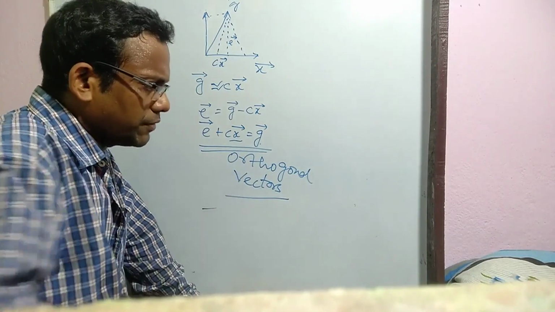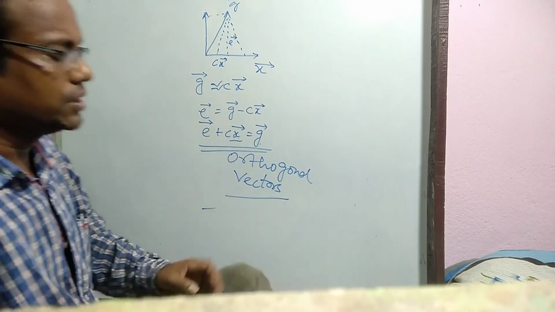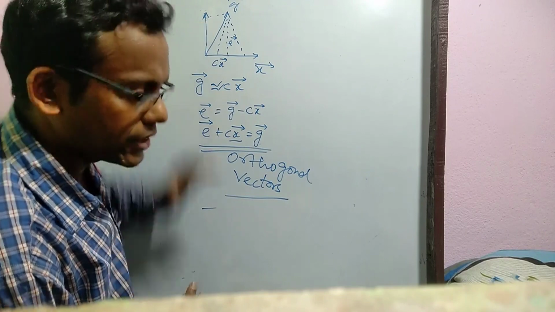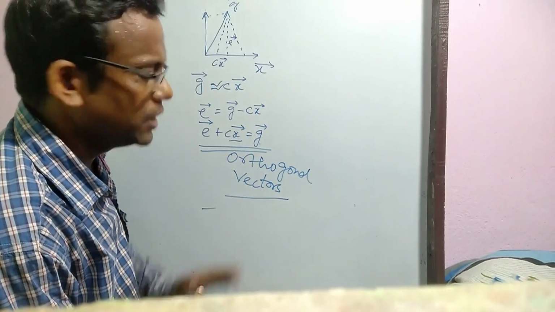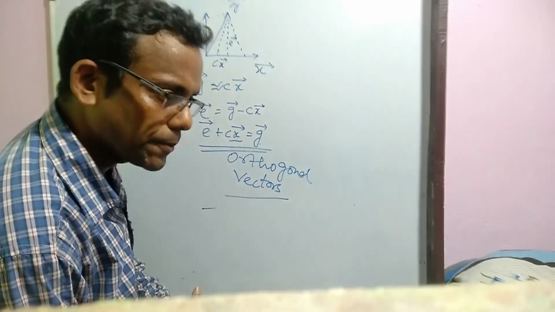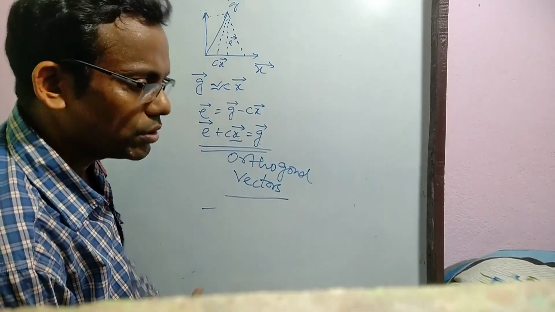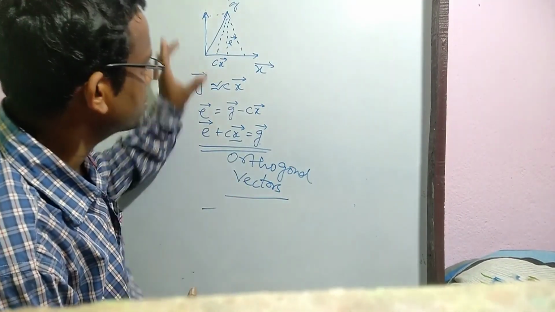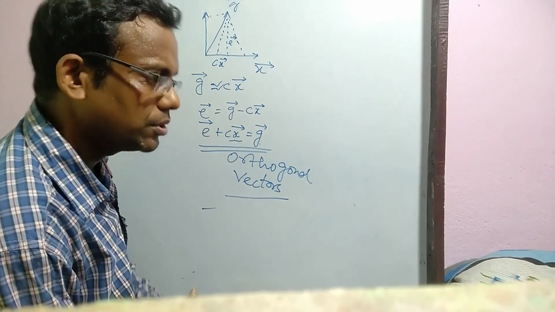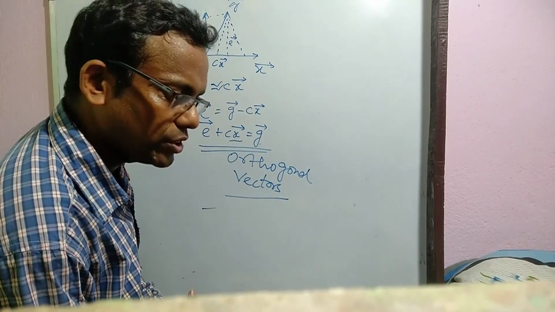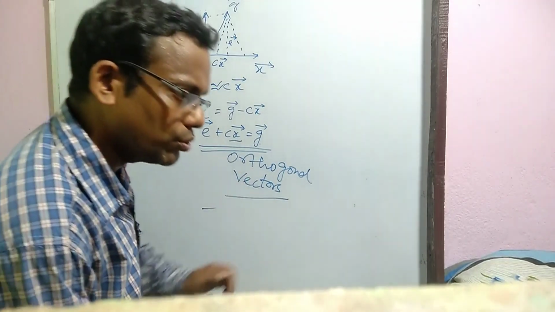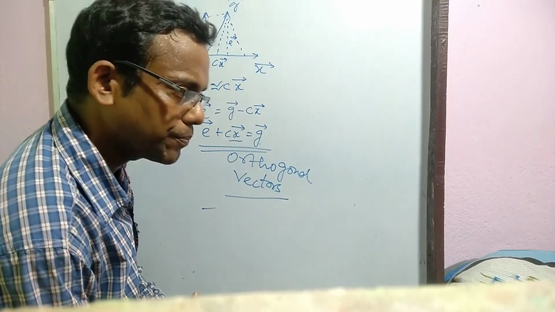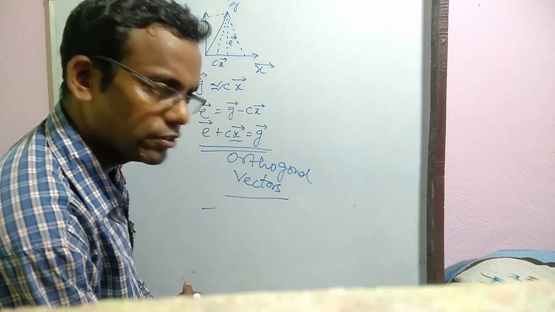Therefore, if we see the vector, what we see is that if we want to represent a vector in terms of other vectors, in whatever surface or plane it may be, we must consider vectors which are perpendicular to each other, and the vector we want to represent should be mapped or projected in the direction of these orthogonal vectors.